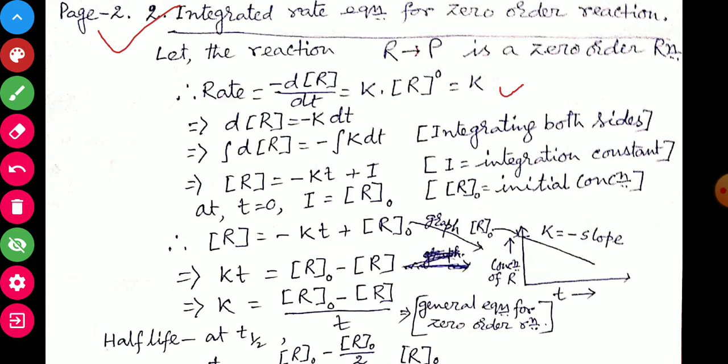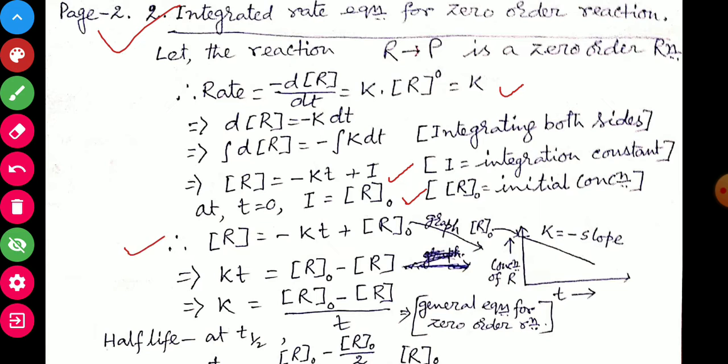Integrating both sides, we get the integration of d[R] equal to minus integration of k dt, that is, [R] equal to minus kt plus I. At t equal to 0, I equal to [R]0.